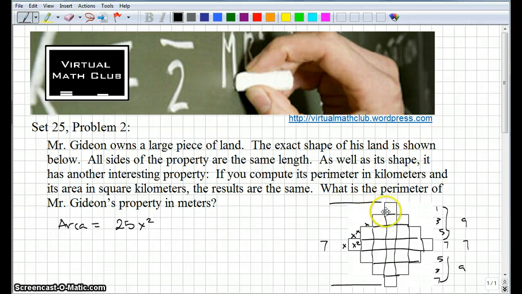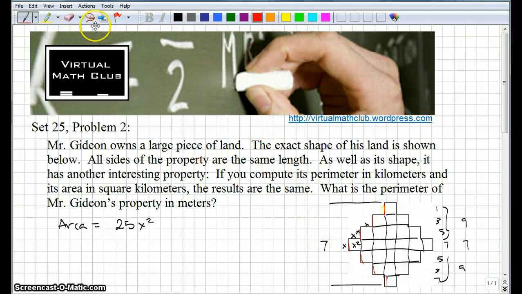So I'm counting just the vertical pieces, here, here, here, here, here, here, here. Okay, so we have 7 verticals on this side, and we'll have 7 verticals on the other side too.